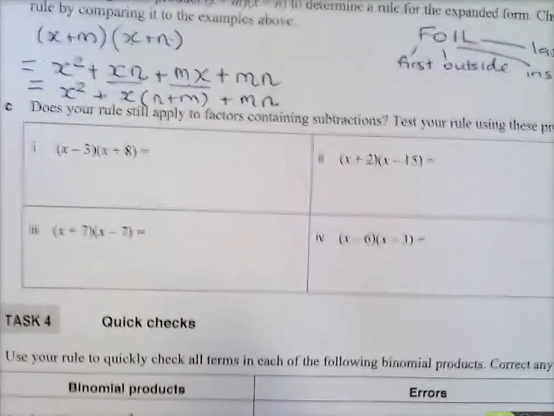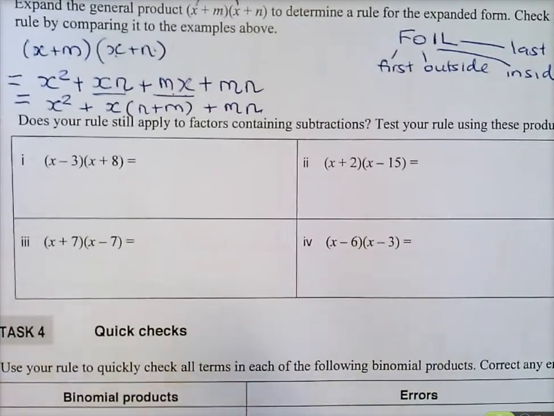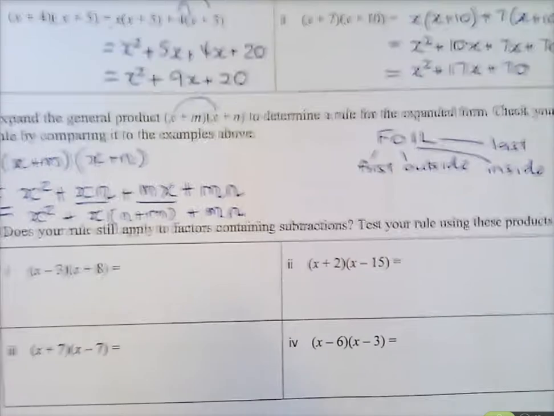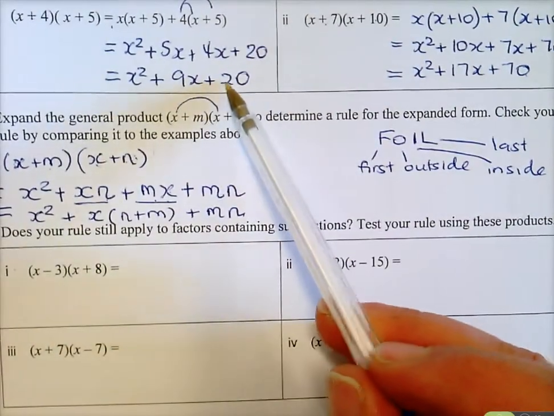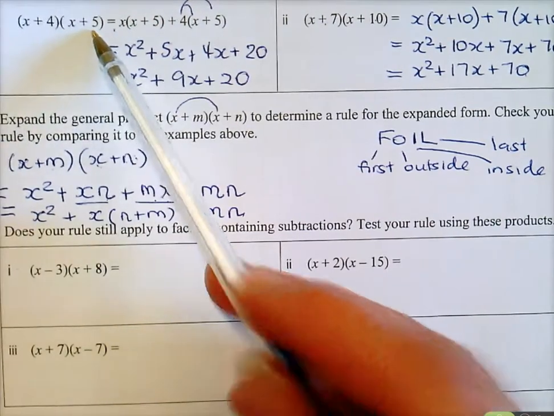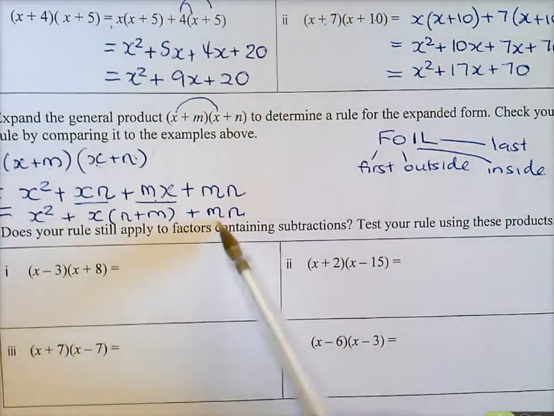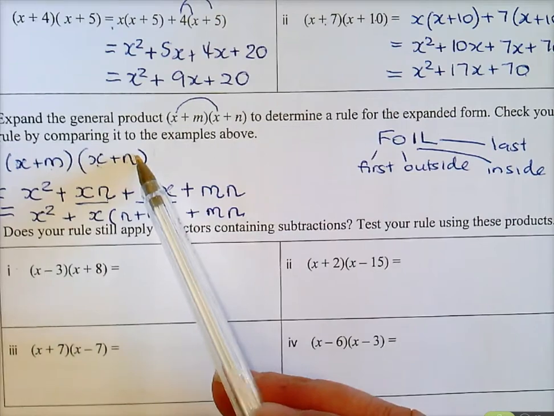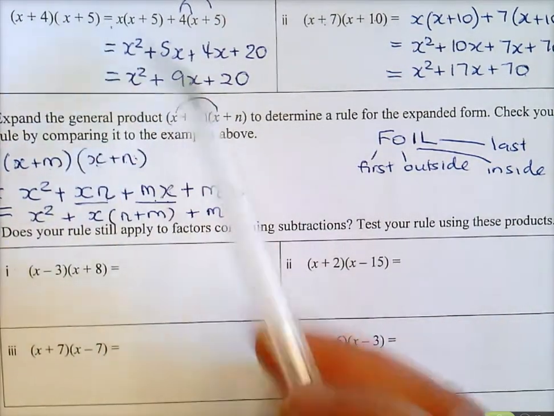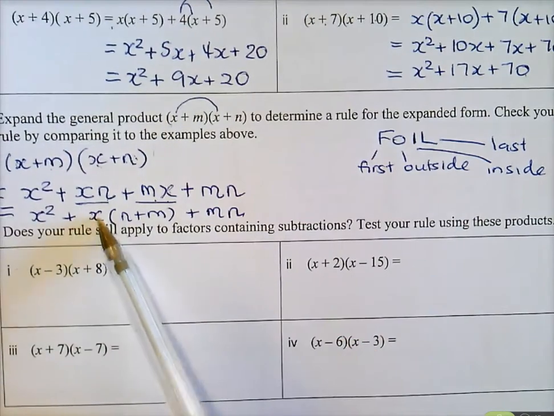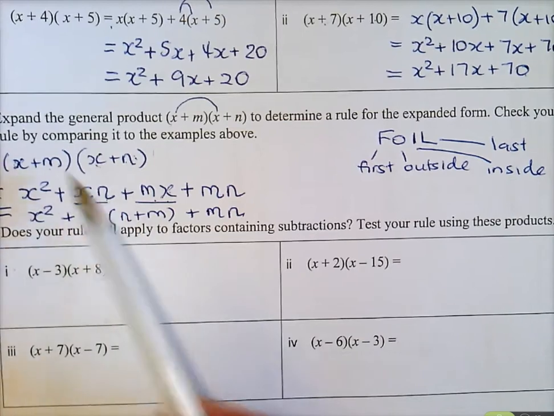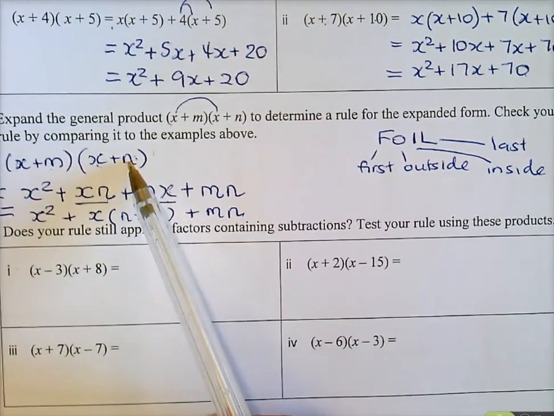Now, what does that mean? You know how we were looking up here and we were saying, look how this number here is 20. That's 4 times 5. See how mn is the m times the n? Look how this number in front of the x is 4 plus 5. See, with the x, the number, this m plus n should be in front.